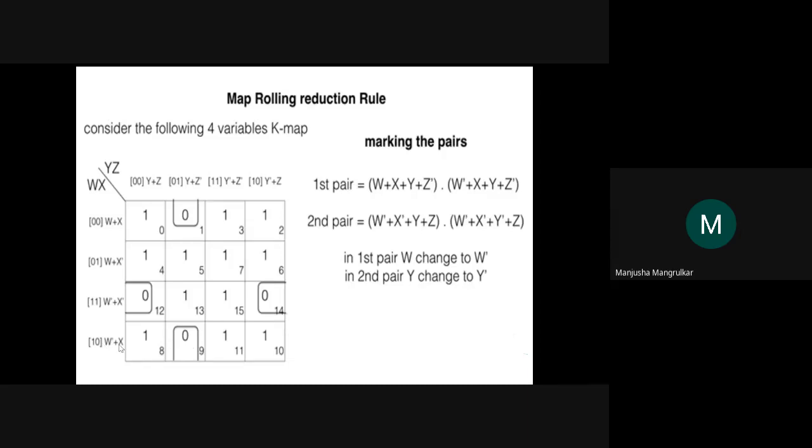It is x plus y plus z complement, since w is changing. Now if you are considering 12 and 14, w and x complement are the same for both terms, so only y changes to y complement. So the function for this pair is w complement plus x complement plus z. So this is the rollover.